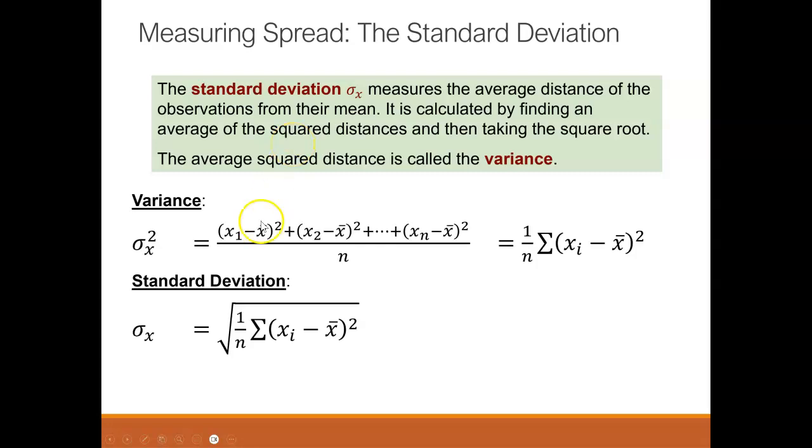So the formulas for standard deviation and variance are given here. Now there's actually 2 different types of standard deviation. There's a population standard deviation. That's what we've written down. There's also a sample standard deviation. In IB land, when they say standard deviation, they always mean population standard deviation.